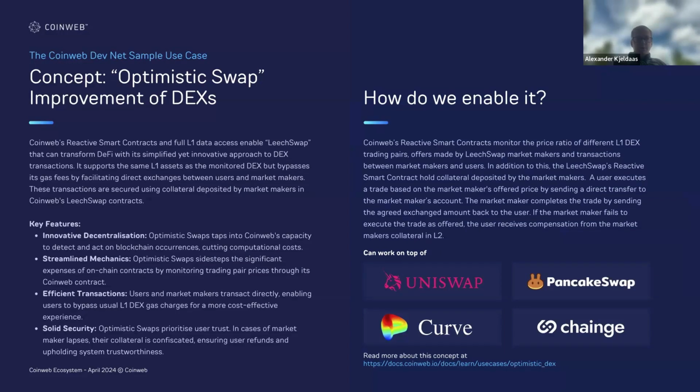Here's one where you want to do a swap, but you want to facilitate an already existing, so this optimistic swap. You use a price oracle. You can use, for example, Uniswap as a price oracle.